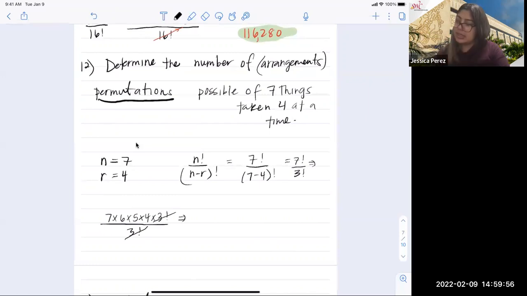So then you have 7 times 6 times 5 times 4, which is 840 ways. And that's your solution for the permutations of 7 things taken 4 at a time.